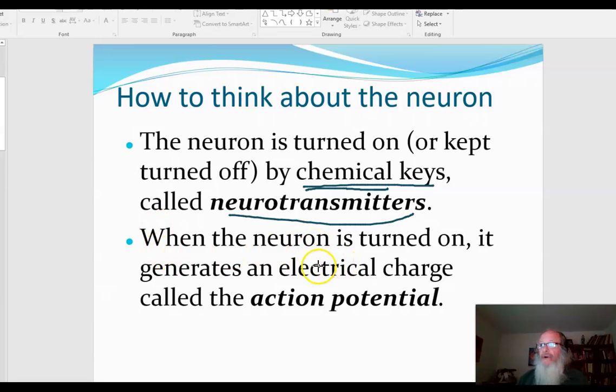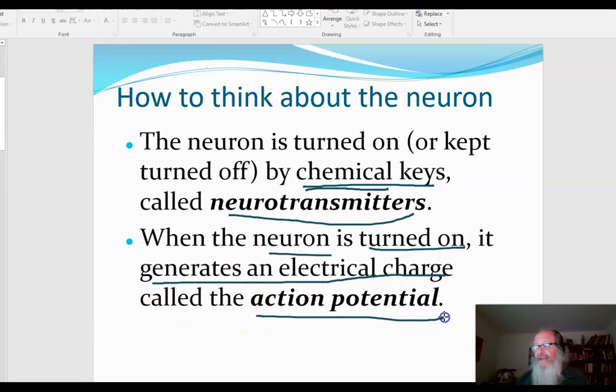When the neuron is turned on, it generates an electrical charge called the action potential. So there's two aspects to how neurons communicate. One aspect is chemical, and the other aspect is electrical, or if we really want to be a little bit more precise, electrochemical.